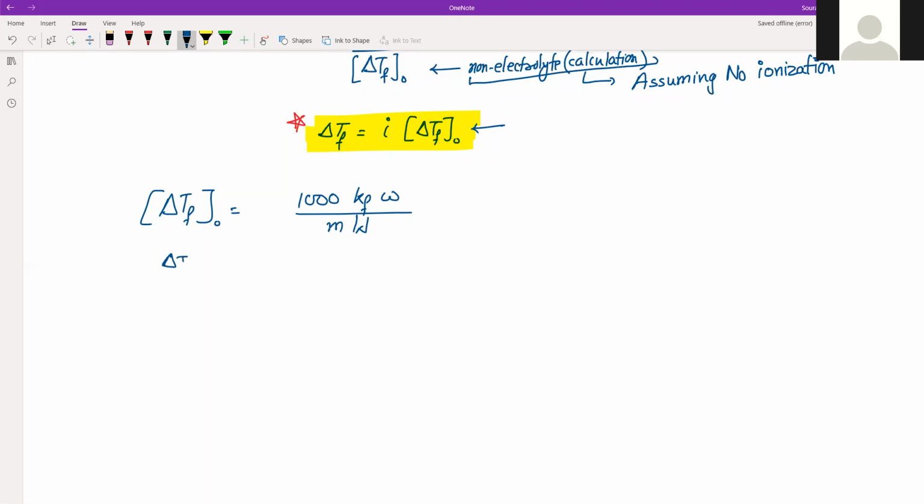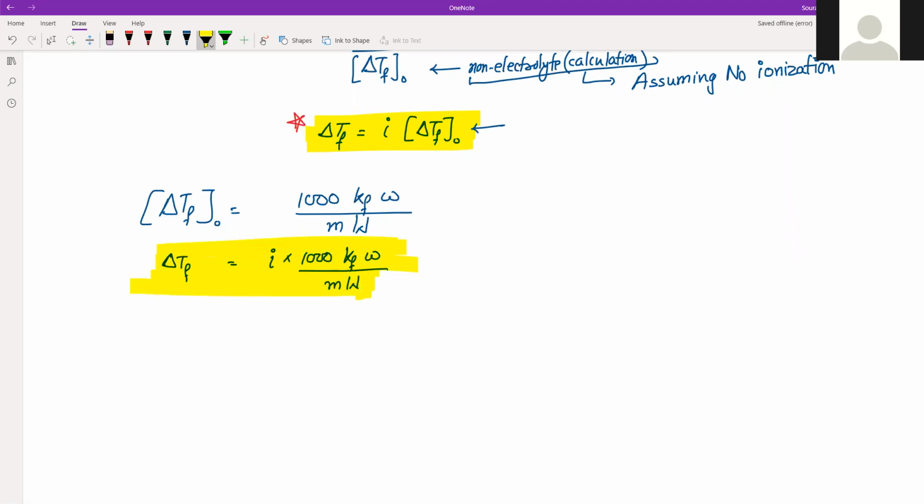So now what will be the actual delta TF? It will be I into the same thing. That is I into 1000 into Kf into W divided by the molar mass into the weight of solvent. So this is the only change. We still do the same thing, but just multiply it by I, right?